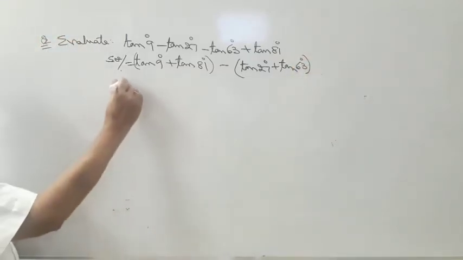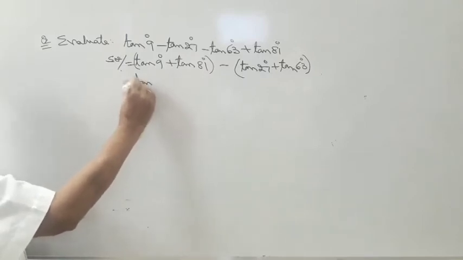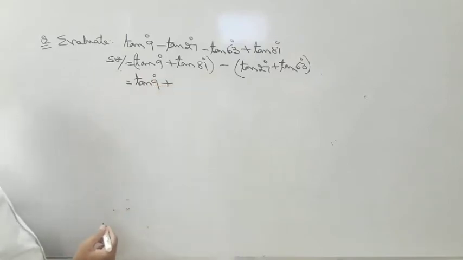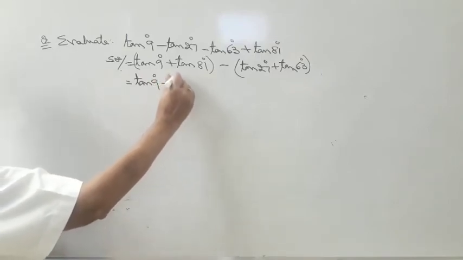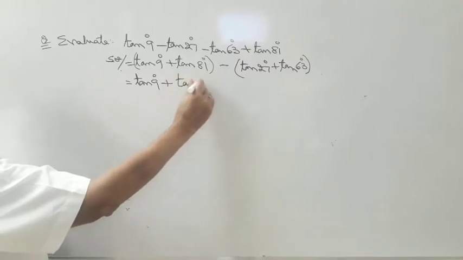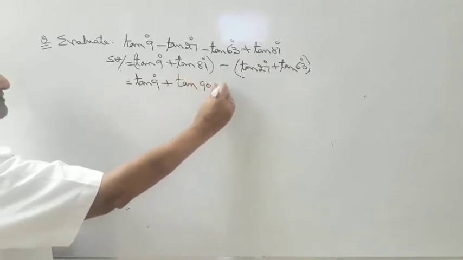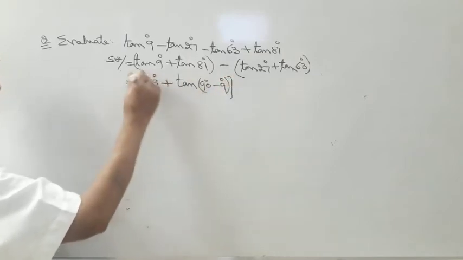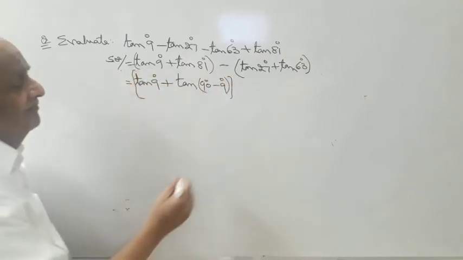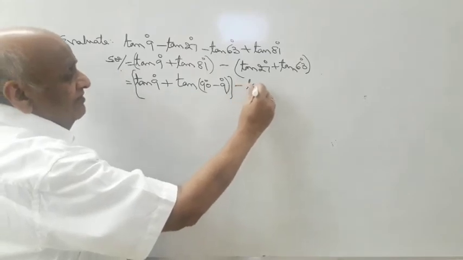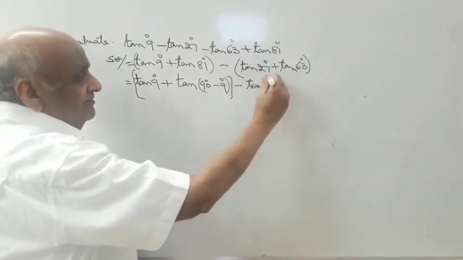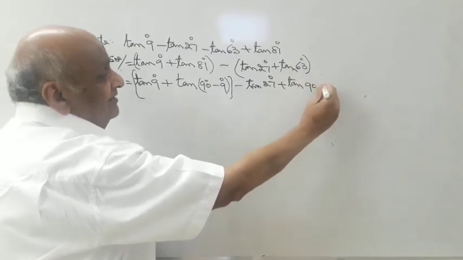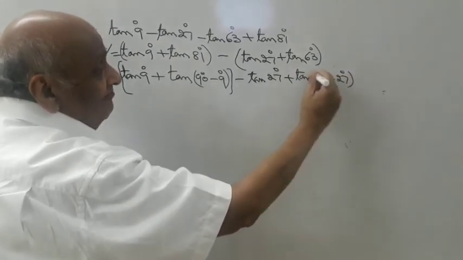Now this is tangent of 9 degrees plus tangent of 81 degrees, that is tangent of 90 minus 9 degrees. Take the help of this. Minus tangent of 27 degrees plus tangent of 90 minus 27 degrees.